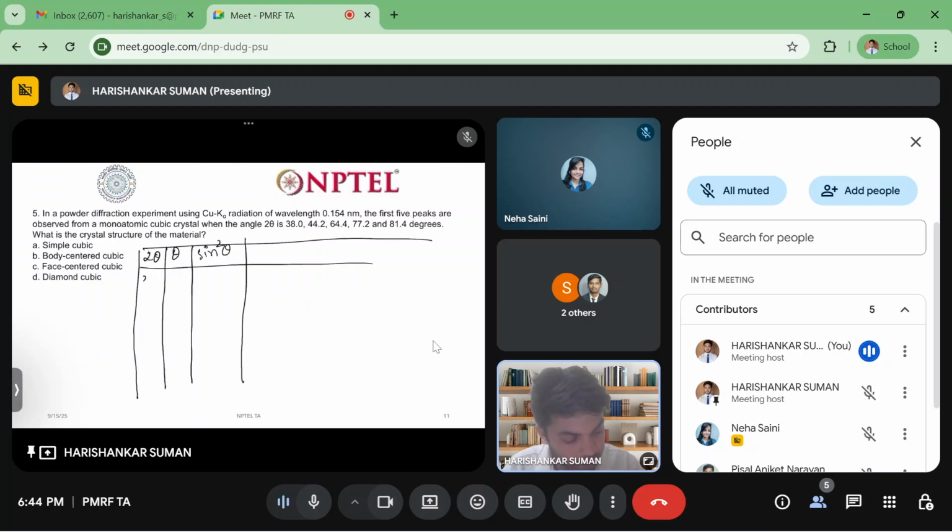So the 2 theta values are 38, 54.2, 64.4, 77.2, and 81.4. Now calculate theta, which is half of that: 19.